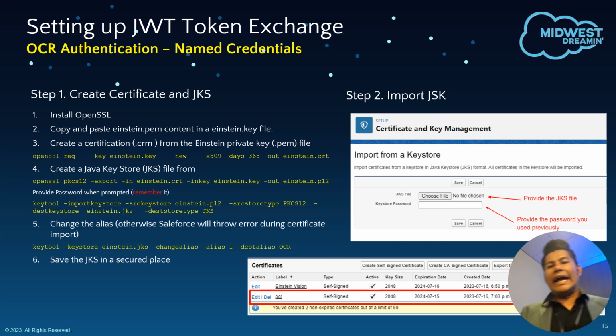Once you go to that, you'll get a screen like that, and it will ask you to upload that JKS file. You upload that JKS file and provide the password, and then you'll see the certificate in your list. So now you're set to use a certificate to communicate with Einstein.